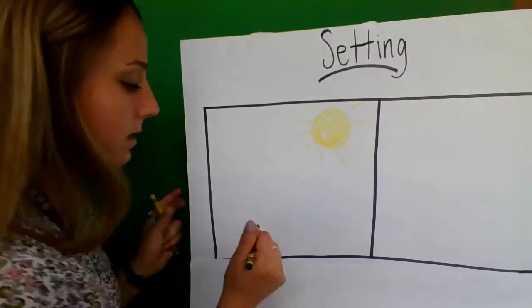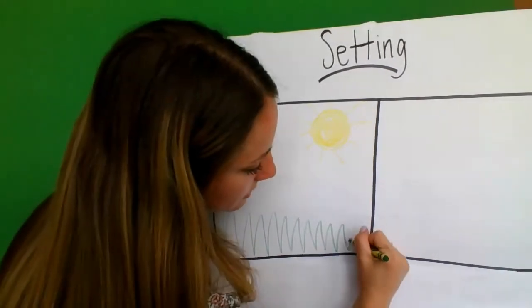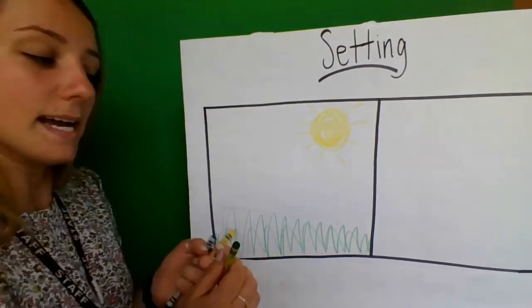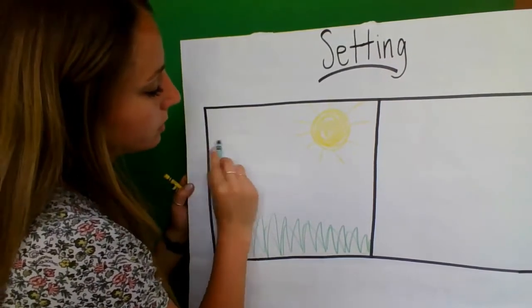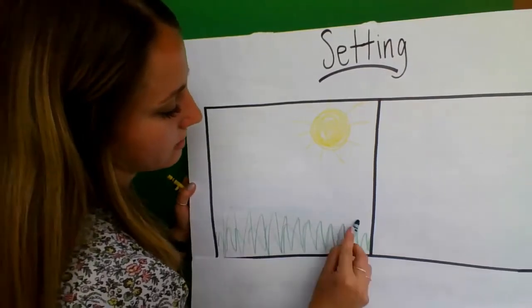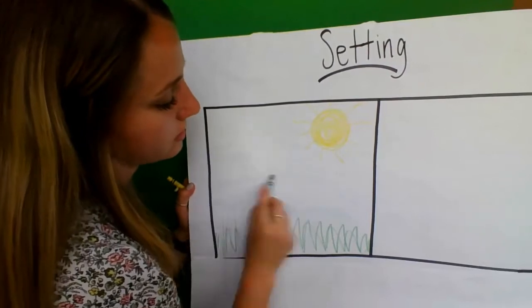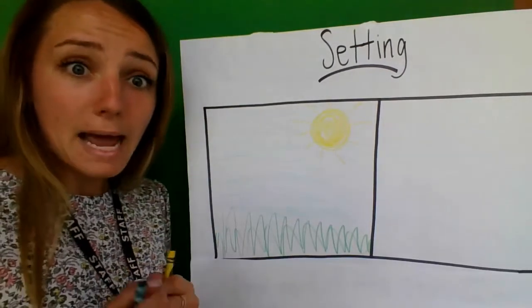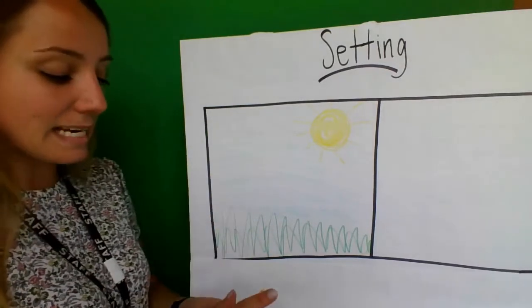I'm going to grab some green for the grass. And I know that I have some nice blue sky in the background. Now, if you look at this, I would say I did a pretty great job at drawing daytime.